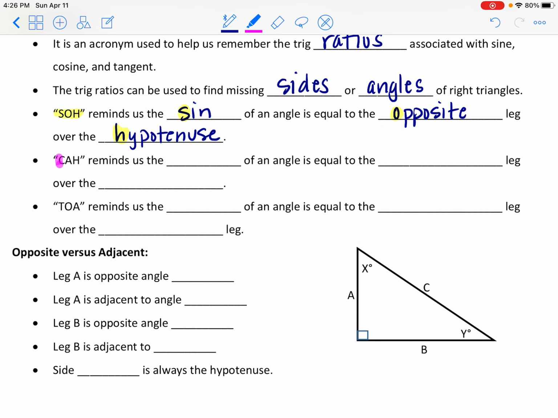And then we have the CAH part of SOHCAHTOA. CAH is for cosine. It helps us remember that the cosine of an angle is going to be equal to a ratio, which is a fraction, of the adjacent leg over the hypotenuse. Again, that's cosine is adjacent over hypotenuse.